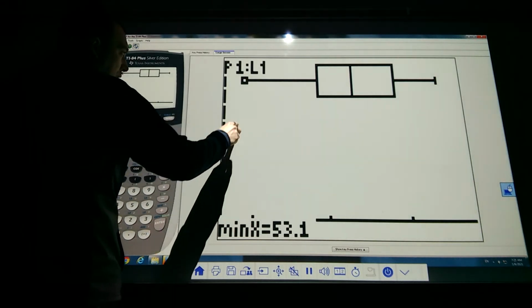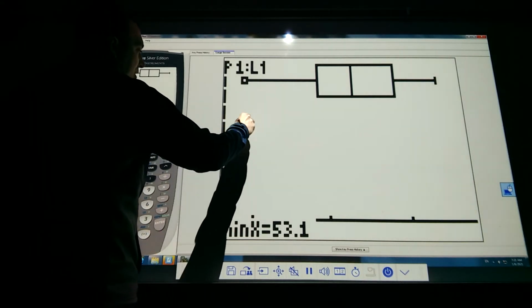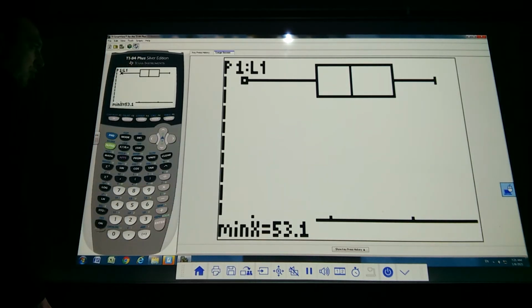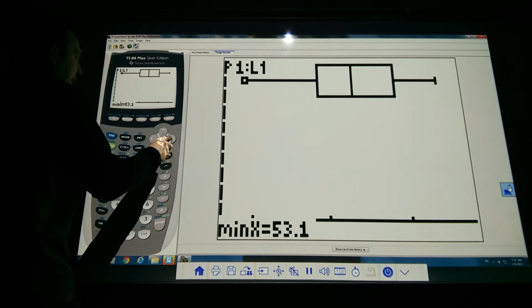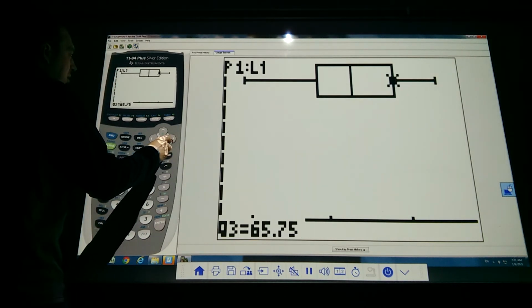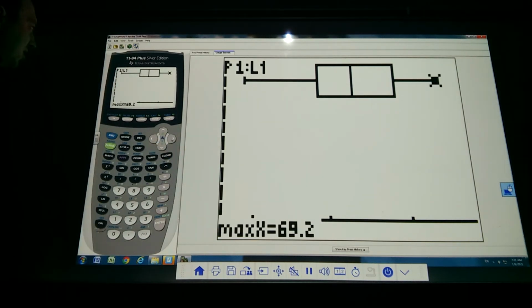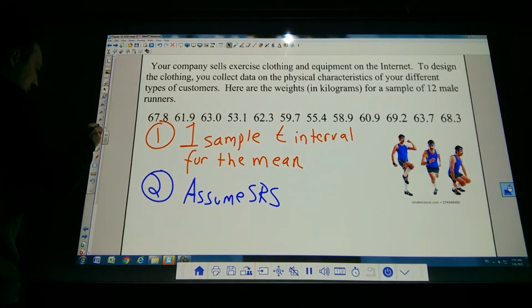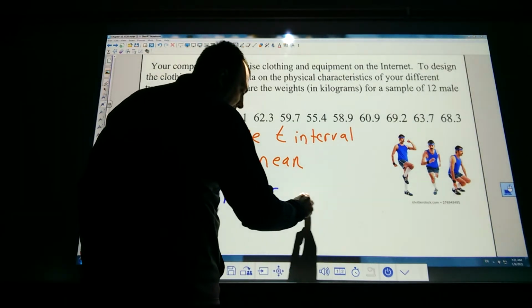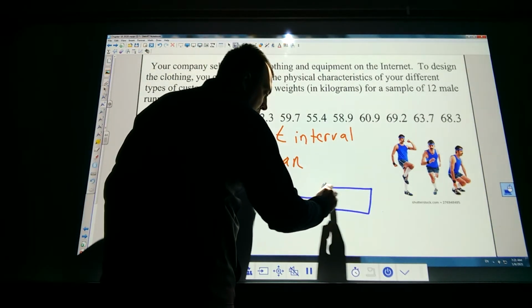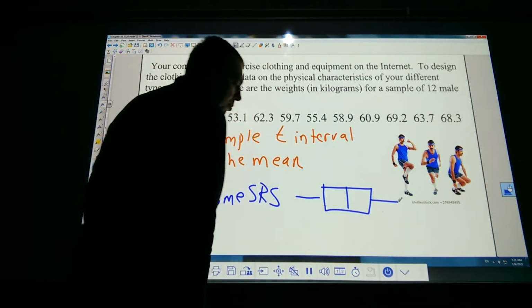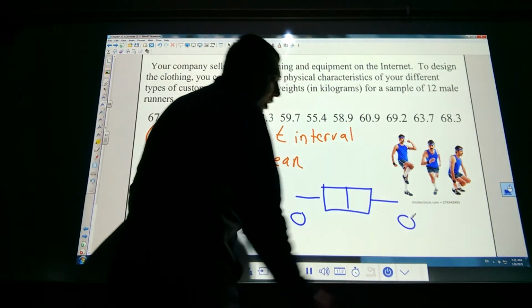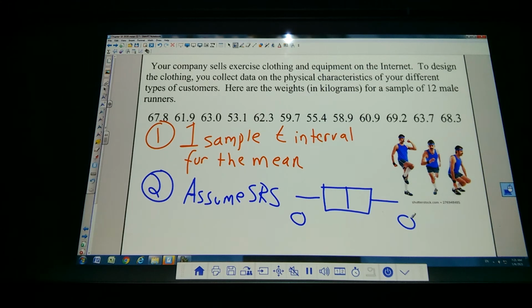Down below, we'd want to write 53.1, and then over on the right-hand side, we want to write 69.2. So we sketch our graph. It looked pretty symmetrical. Write your numbers there.